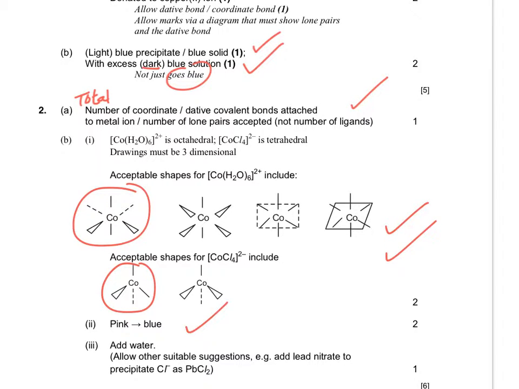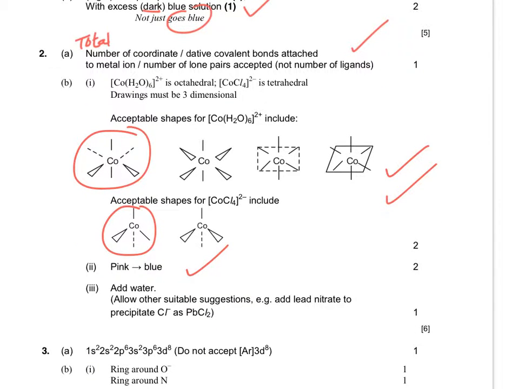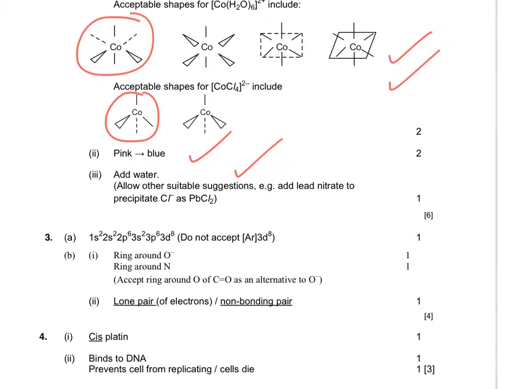We said it went from pink to blue. We also said that to drive the position of equilibrium back towards the reactants, you add water. We went up to 3d8, and we didn't use the shorthand like they've told us not to do there.